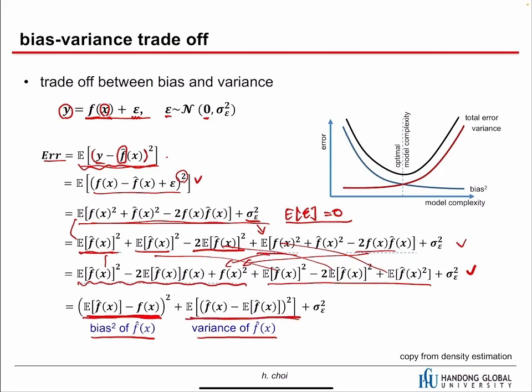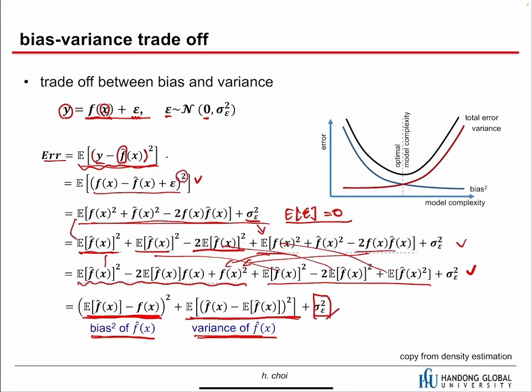And this one is the definition of a variance. So we just decomposed this error into bias squared, variance, and sigma squared. Sigma squared is an irreducible error. Even with a perfect model, we cannot remove this error.